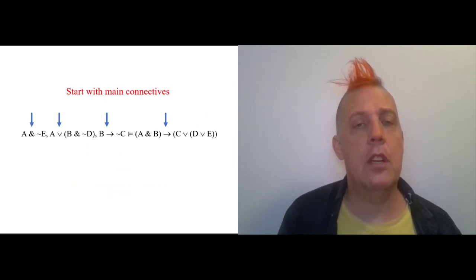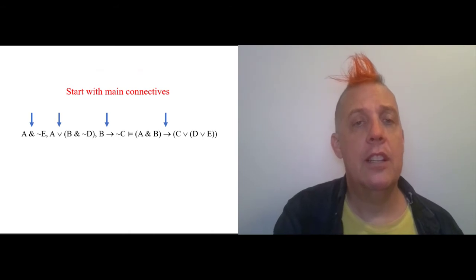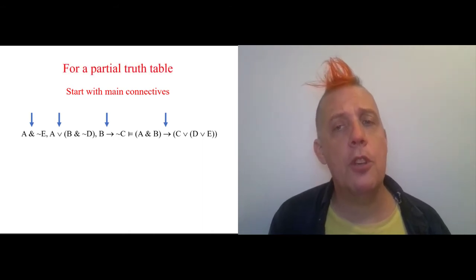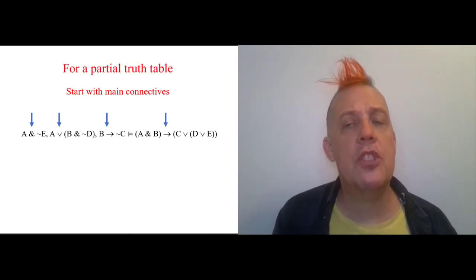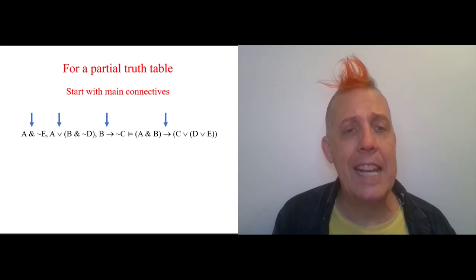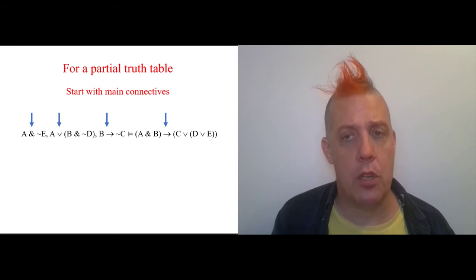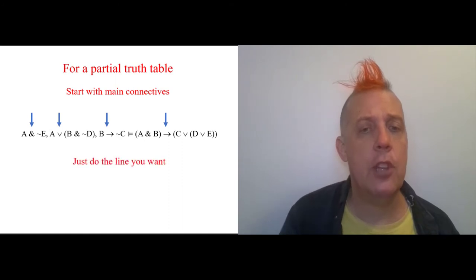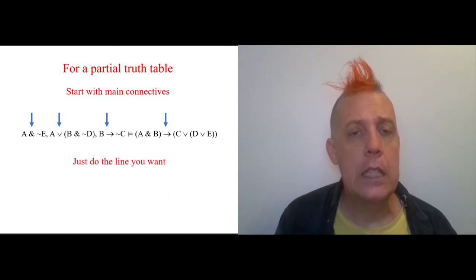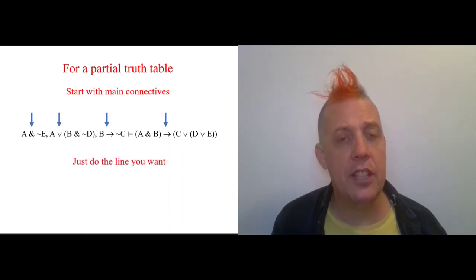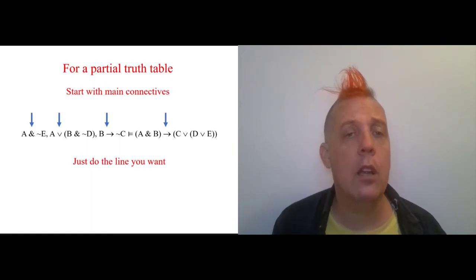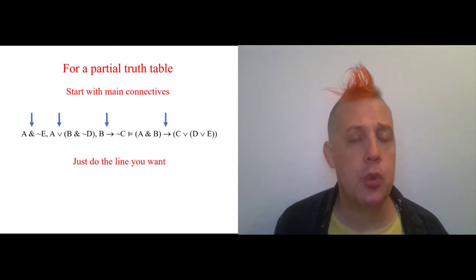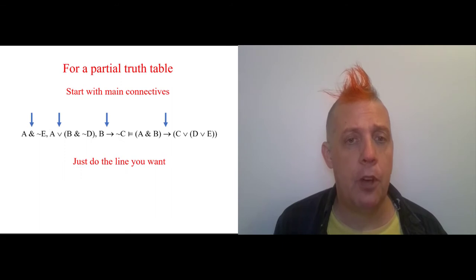So what I'm going to do is I'm going to do a partial truth table, and I'm going to start this time with the main connectives. So I'm doing things in the reverse order. And rather than doing the full columns, all I'm going to do is look for the lines that I want, in this case, the line where the premises are true and the conclusion false.